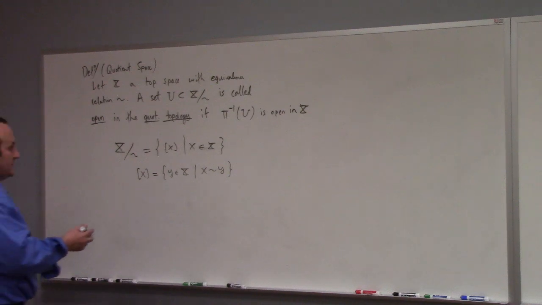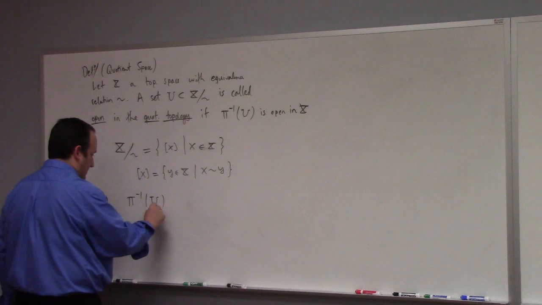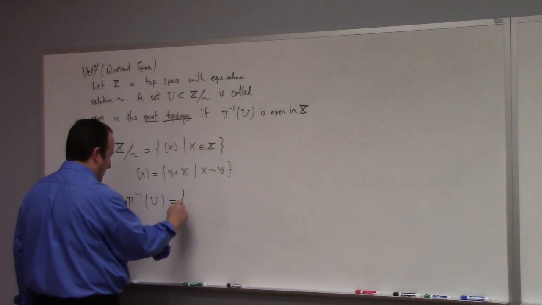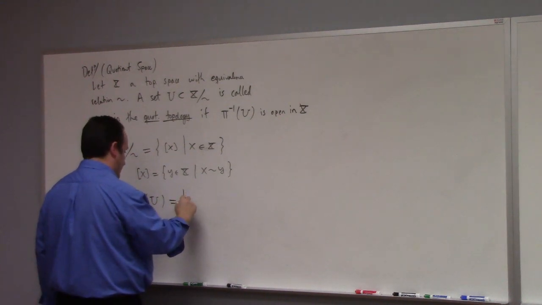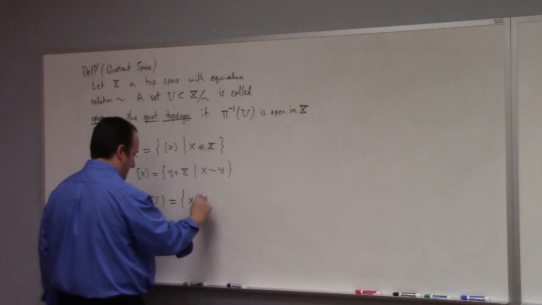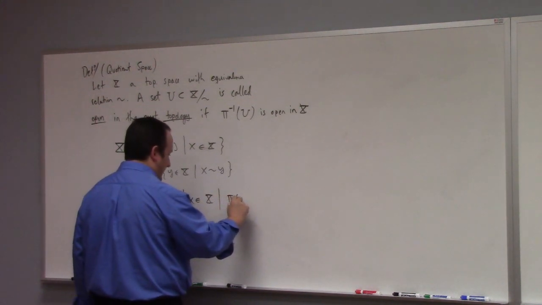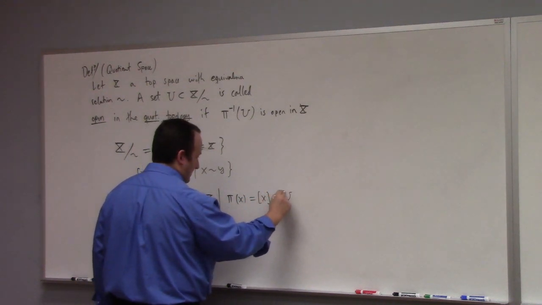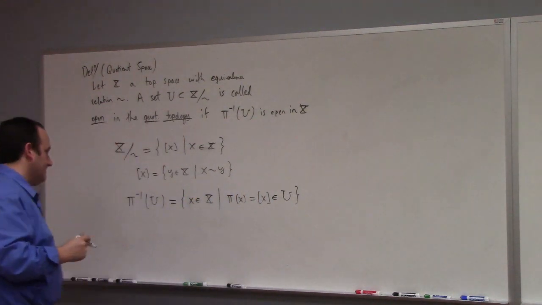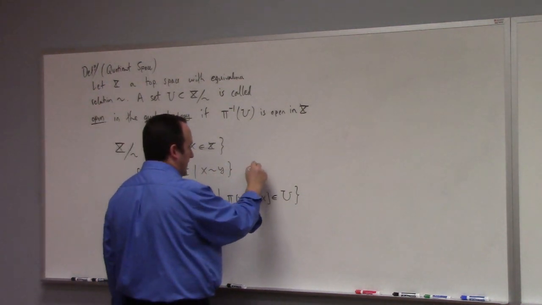Now, what is pi inverse of U? It's the set of x such that pi of x, which is equal to the equivalence class of x, is an element of U. So this notation, pi is a mapping from where?